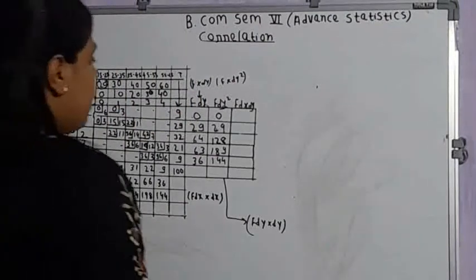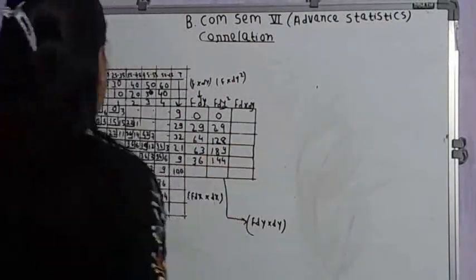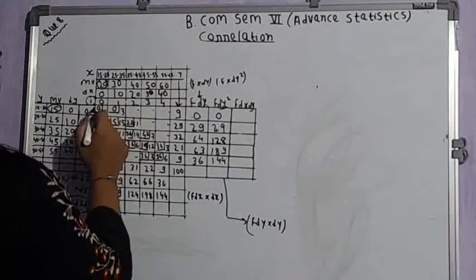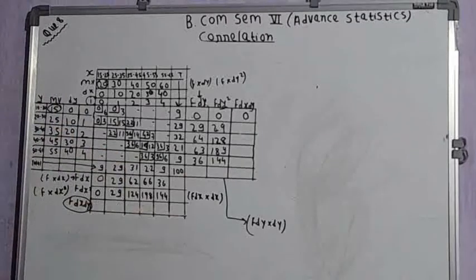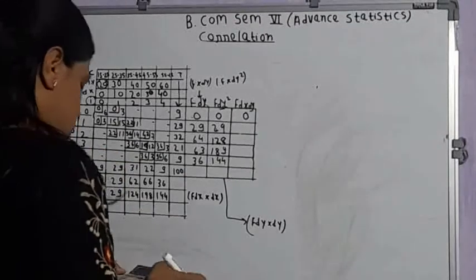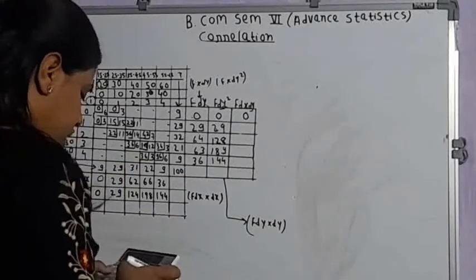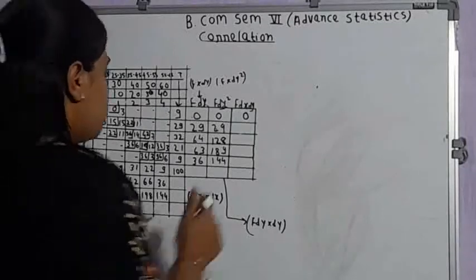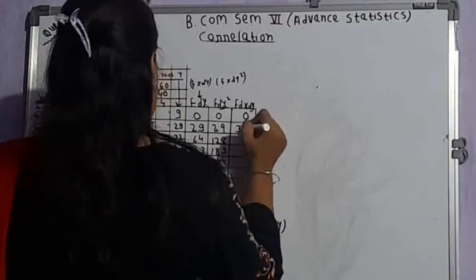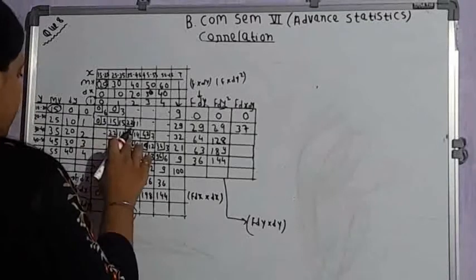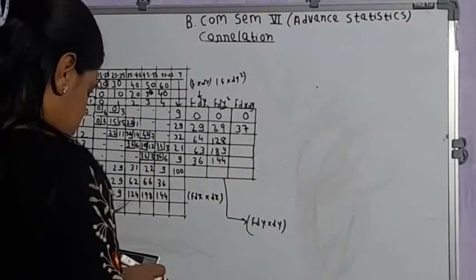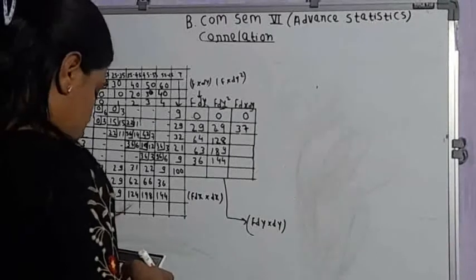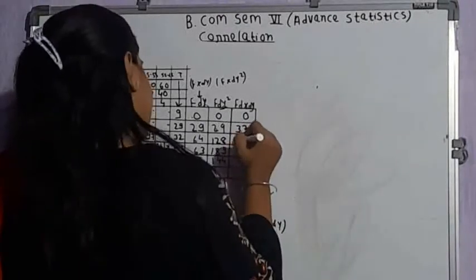We have to make the horizontal total and the vertical total. So 0 plus 0 is 0. Then 0 plus 15 plus 22, so 15 plus 22 would come to 37. Then 22 plus 56 plus 42 would come to 120.